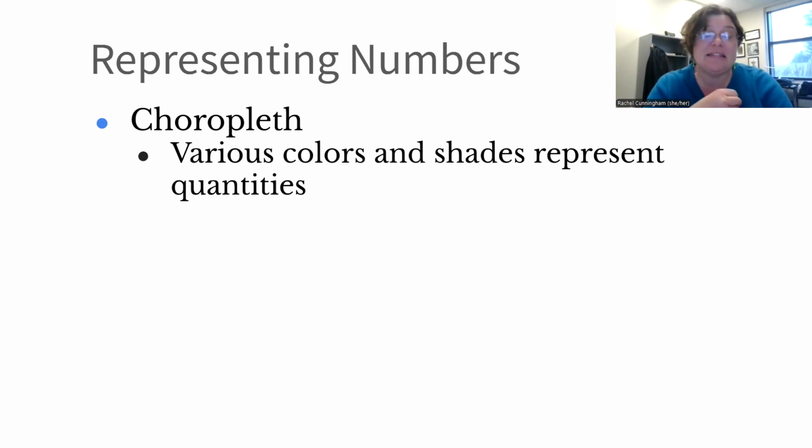You'll also see some that are like a spectrum. So it might have red to a beige to a blue to show different temperatures or show different political stances, because reds and blues are often considered on opposite sides of the color spectrum. Again, the idea here is that you're using different shades and colors to show different amounts.